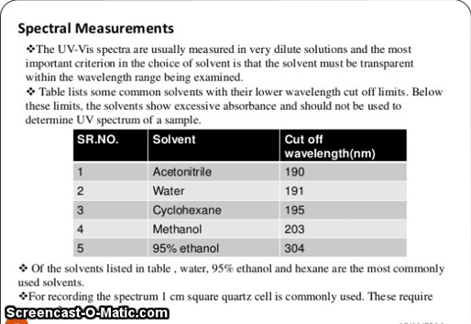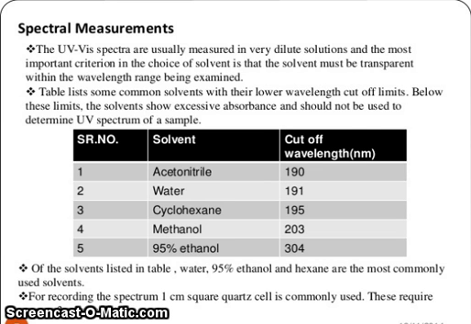So friends, spectral measurement. The UV visible spectra are usually measured in very dilute solution, and the most important criterion in the choice of solvent is that the solvent must be transparent within the wavelength range being examined. Some common solvents with their lower wavelength cutoff limits: below these limits the solvents show excessive absorbance and should not be used to determine the UV spectrum of the sample.